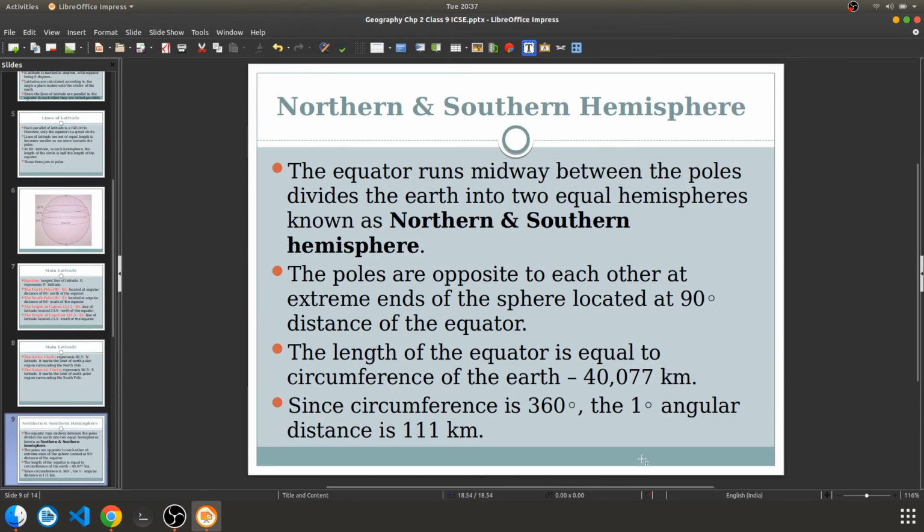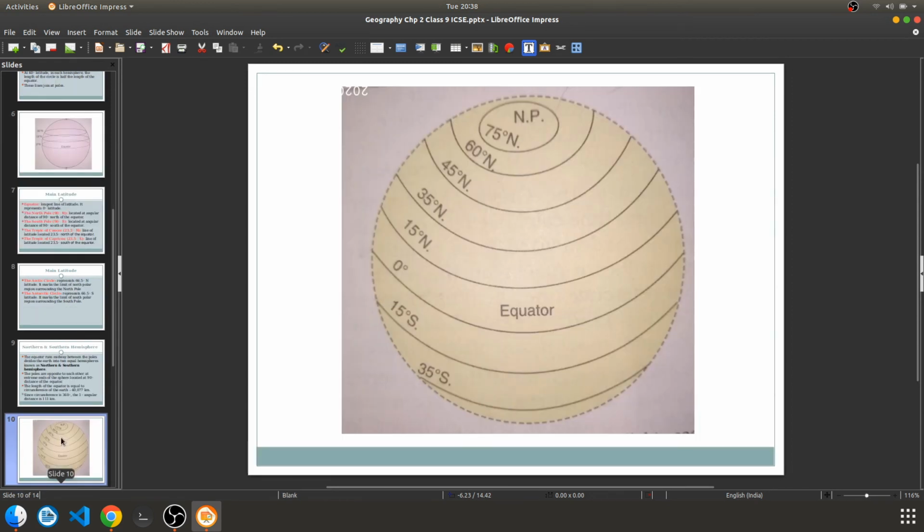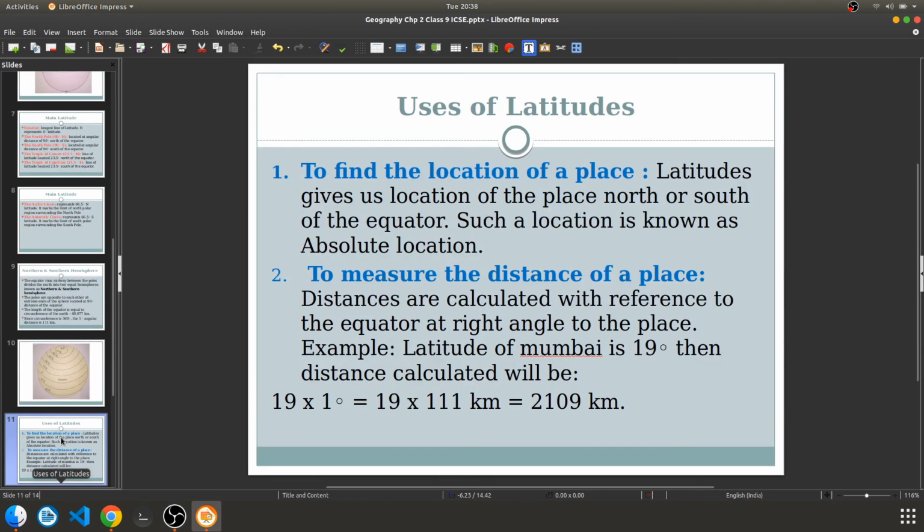And that circle is made up of how many degrees? 360 degrees, isn't it? Therefore the calculation of 1 degree will be 40,077 kilometers divided by 360. What is the value of 1 degree in kilometers? It came out to be 111 kilometers. So if anyone asks you what is 1 degree in kilometers, it is 111.